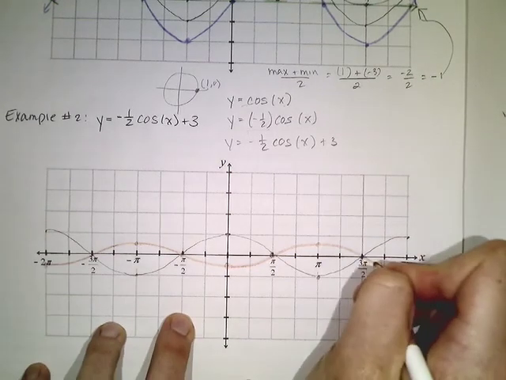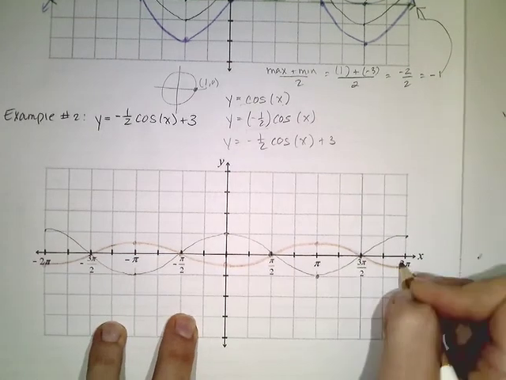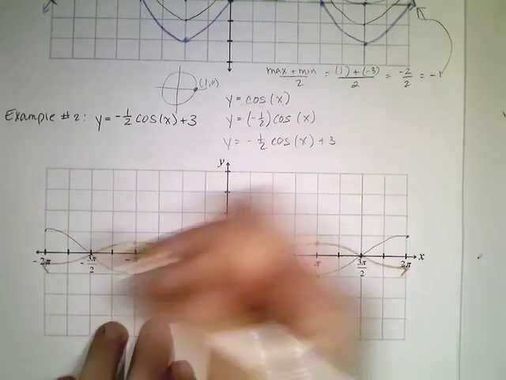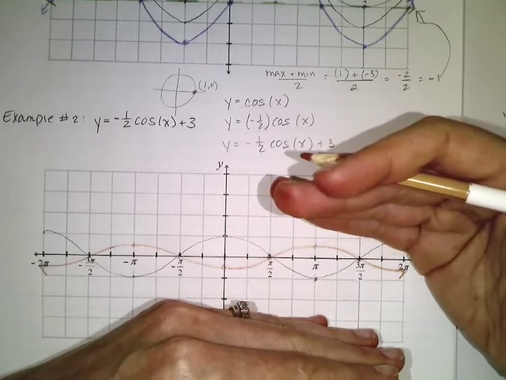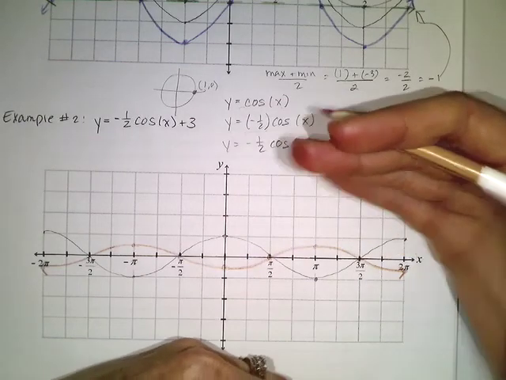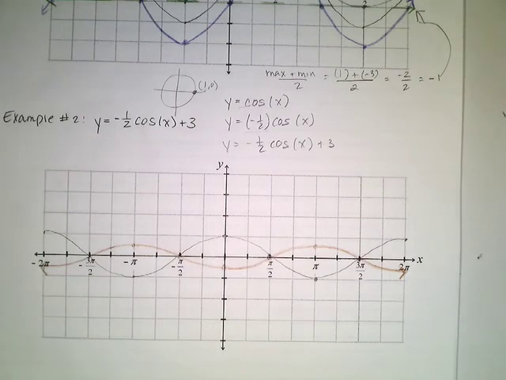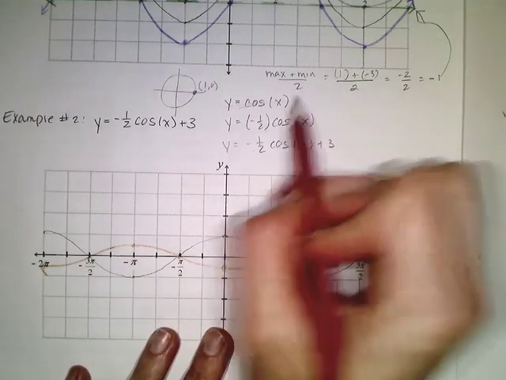And brought in toward the midline by a half. It can only travel a half a unit from the midline, rather than 1 as it used to. Now what we're going to do is shift the function. Okay, so that one's done.